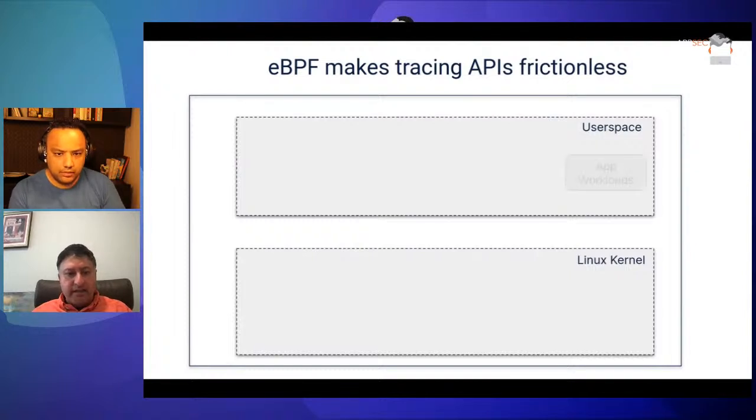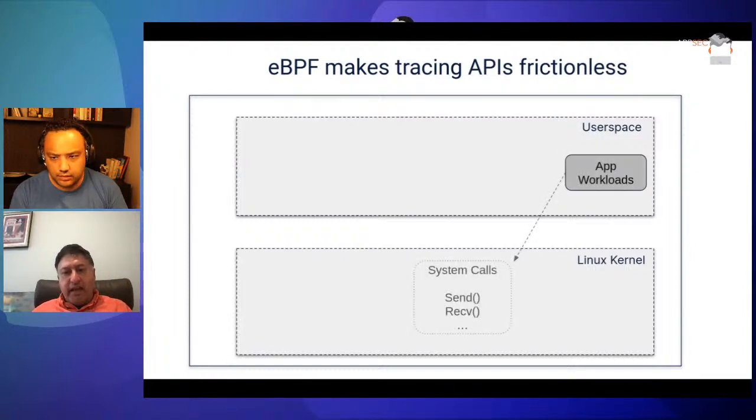Inside the Linux kernel, you have application workloads at the user space, and application workloads typically use what's known as Linux system calls, especially TCP calls like send, receive from, and send to, to communicate for those HTTP calls. API calls go over HTTP, and all HTTP traffic goes over TCP. So essentially, all API traffic is going through these fundamental system calls like send, send to, receive from, and things like that.